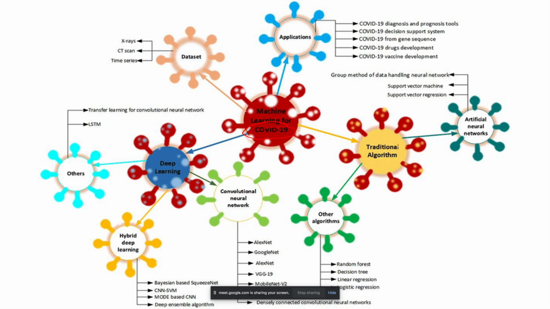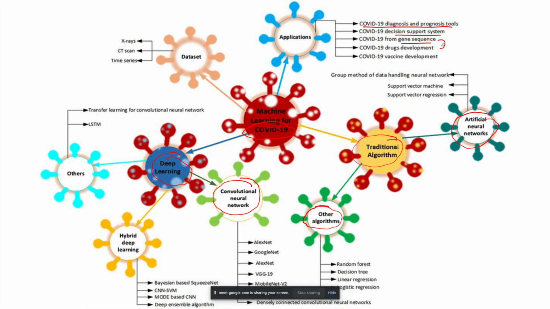Why? Because they have machine learning algorithms. So here you can see you have different networks for your machine learning algorithms. Like you will be using deep learning, a convolutional neural network, other traditional algorithms, the artificial neural network we saw previously, and applications like COVID-19 diagnosis and propagation tools, decision support systems, gene sequence. So it's very difficult. We have to understand the gene sequence of COVID or a virus, how they are doing it.